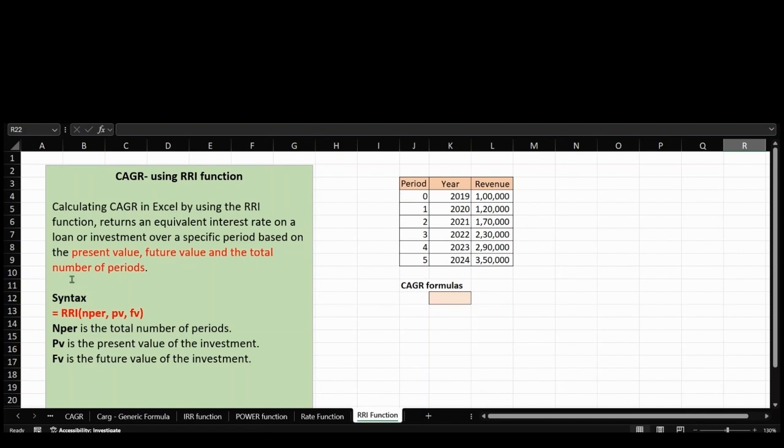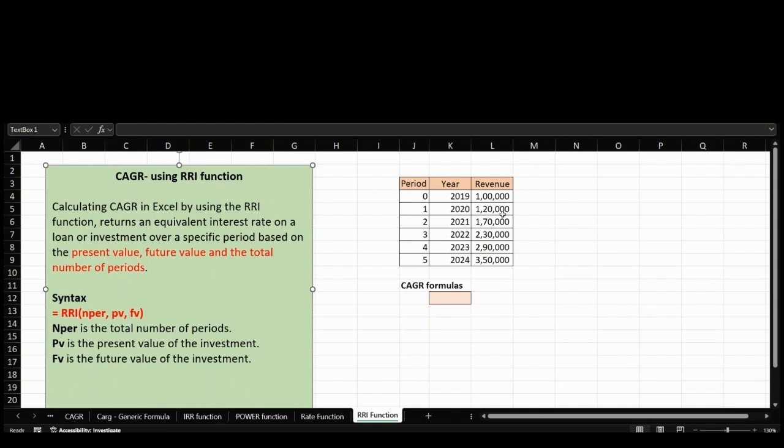So what are the important arguments here? Present value, future value, and total number of periods. The syntax is RRI, inside the bracket, NPER, the total number of periods, comma, PV is present value, comma, FV is the future value of investment.